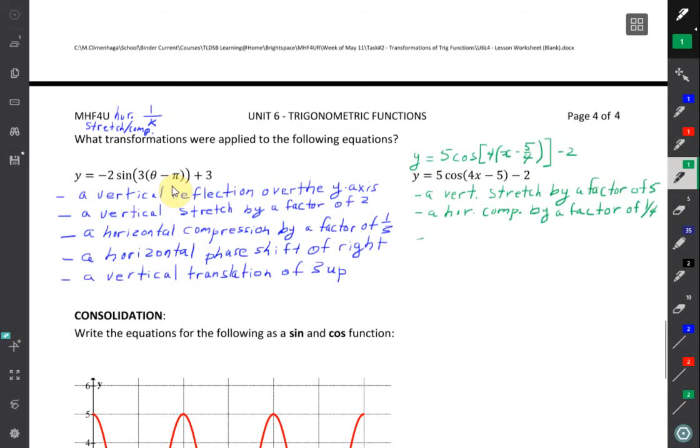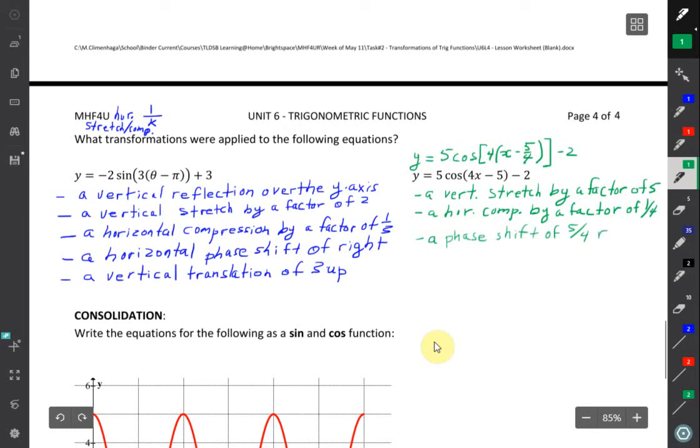It's a horizontal translation of 5/4 to the right, or a phase shift, which is what we use when we're talking about sinusoidal functions. A phase shift of 5/4 to the right, and I'm just going to put right again because I'm running out of room.